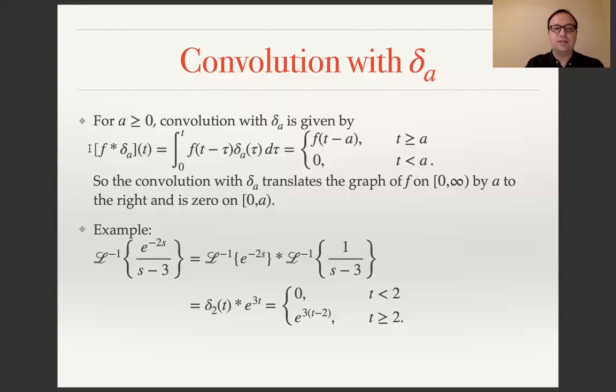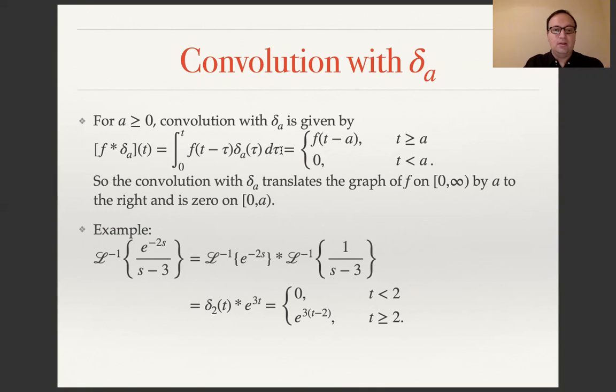Okay, so here is a first such computation. Let's compute the convolution of any function f with the Dirac delta sub a for a greater than or equal to 0. By definition, this is equal to the integral from 0 to t of f of t minus tau times delta_a of tau d tau.